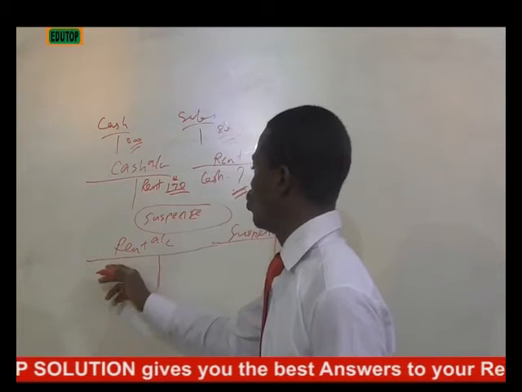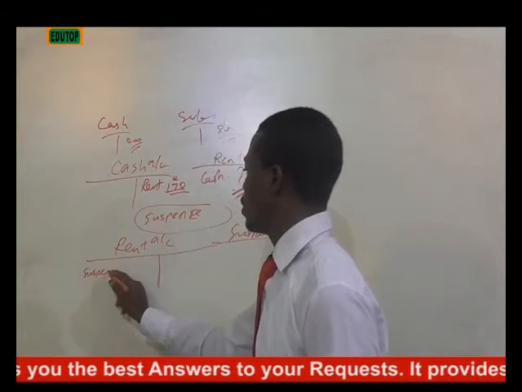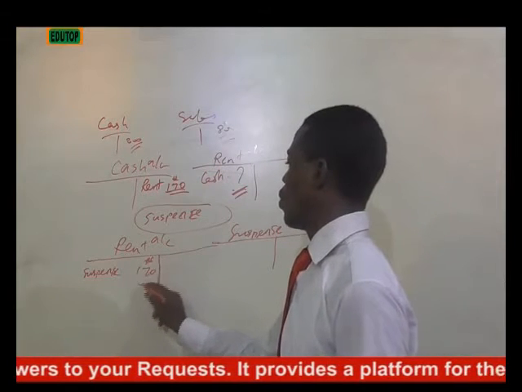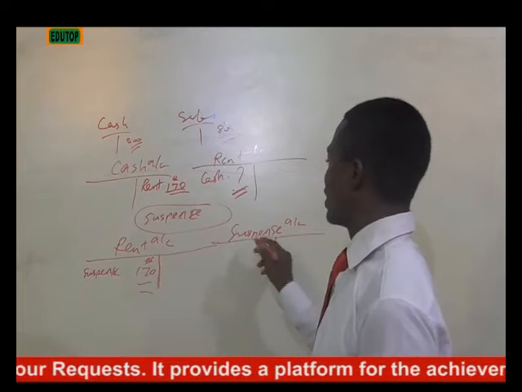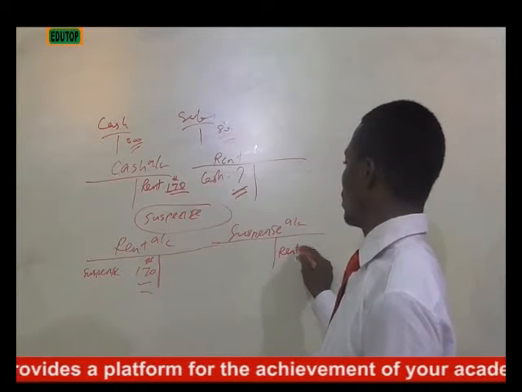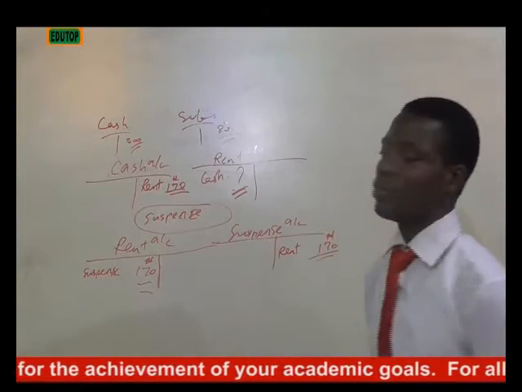So you now debit the rent account with 170, and the suspense account. So that is 170.